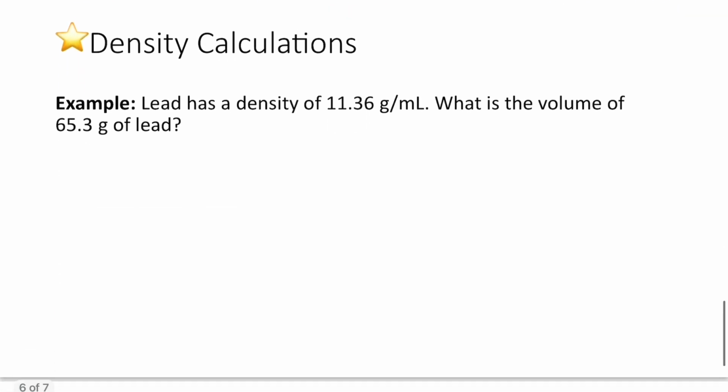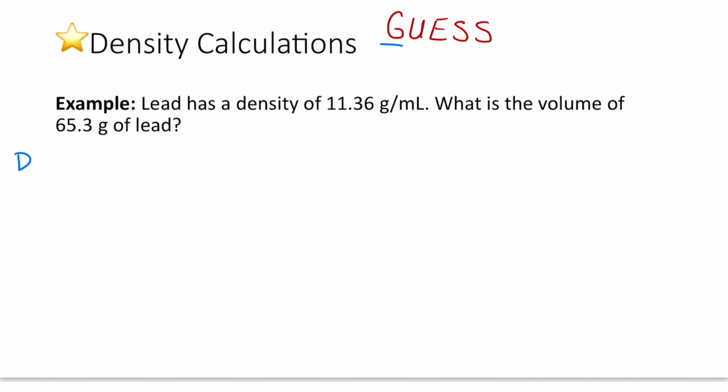Let's look at another example. Lead has a density of 11.36 grams per milliliter. What is the volume of 65.3 grams of lead? Again, we need to remember to GUESS, where our first G is writing down our givens.